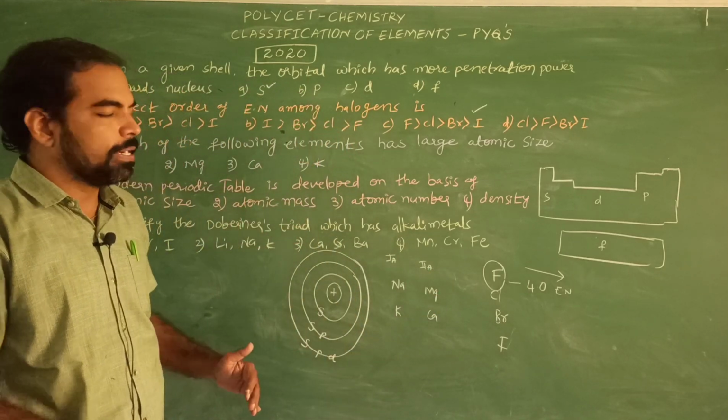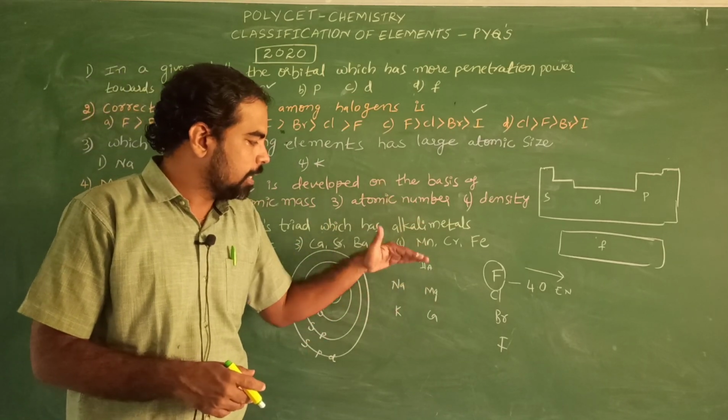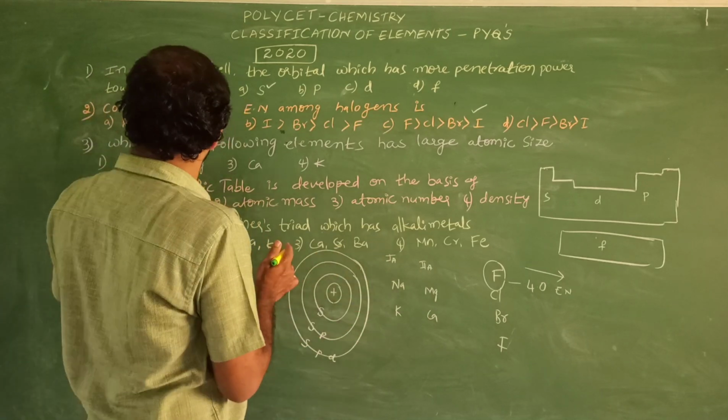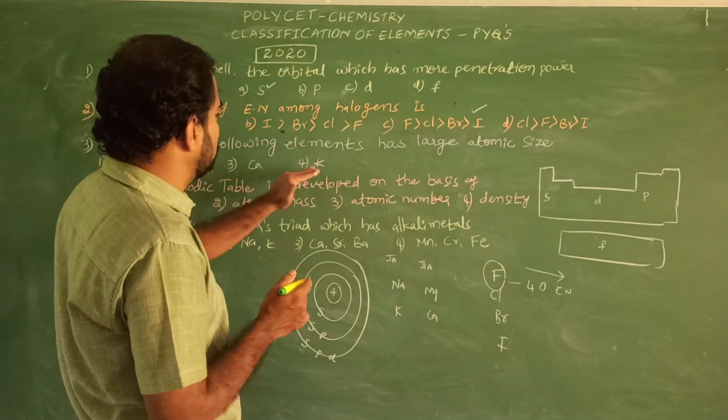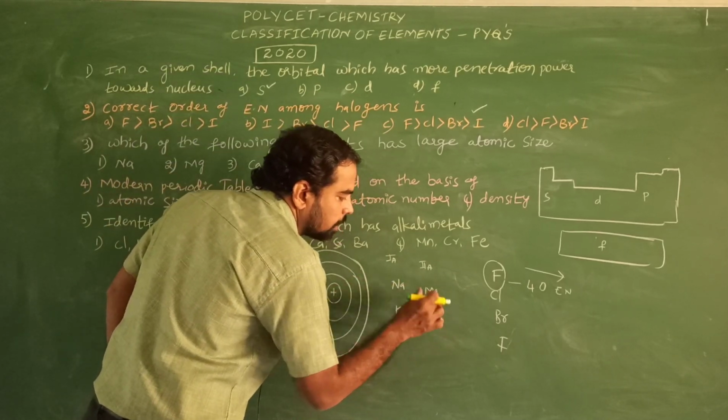In first group elements, lithium, sodium, potassium are present. Second group, beryllium, magnesium, calcium, strontium, barium, like that. Here the given options are sodium, magnesium, calcium and potassium. That's why I am writing sodium, potassium, magnesium, calcium.